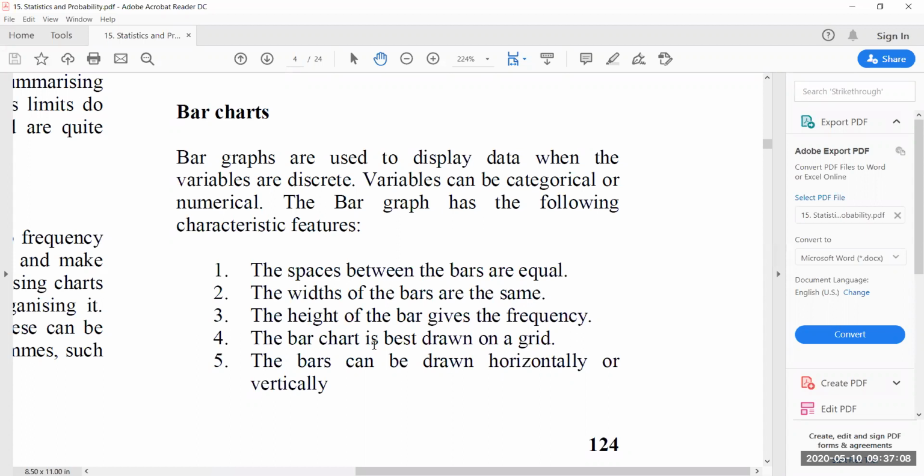Now, you don't have to worry too much about remembering this, because thankfully this year, it's a multiple choice, yeah? So the height of the bar gives the frequency. The bar chart is best drawn on a grid, and the bars can be drawn horizontally or vertically.